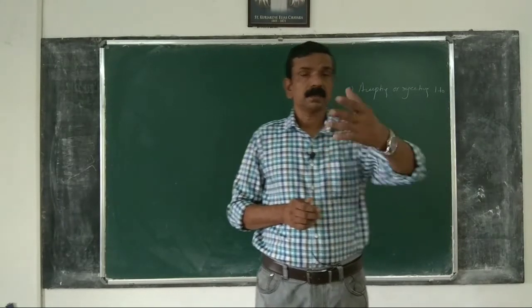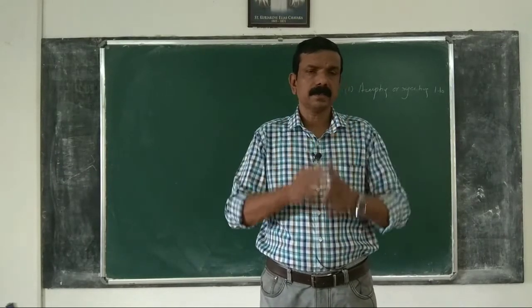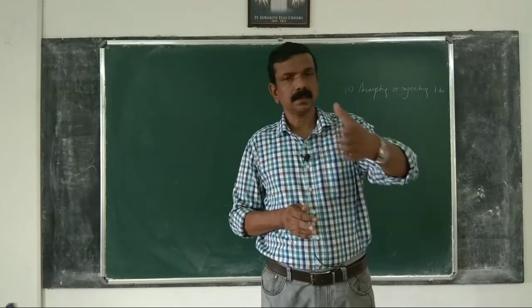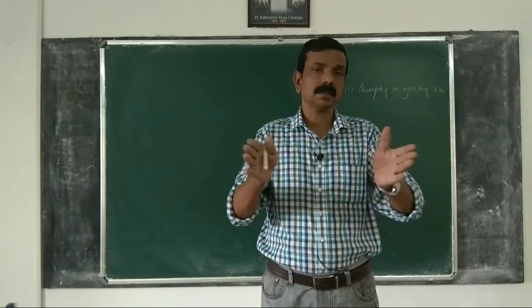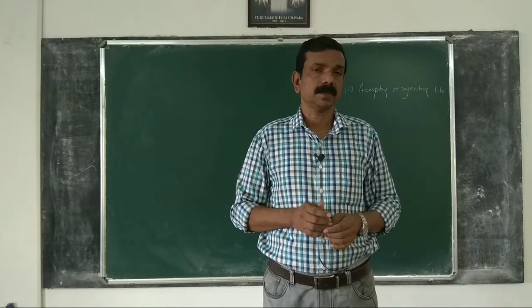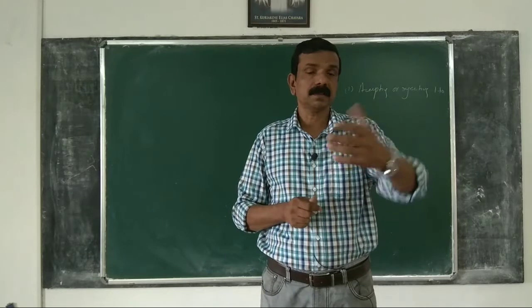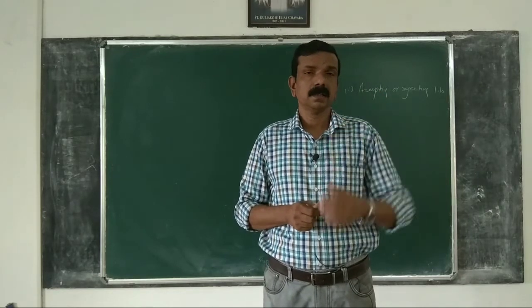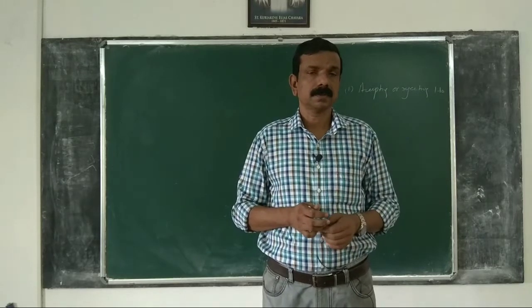If you reject H0, then we are sure that we are rejecting a false hypothesis. Our decision is correct 95 out of 100 times. So there is no problem. The problem is when we accept H0, we do not know whether we are accepting a false hypothesis or a true hypothesis.